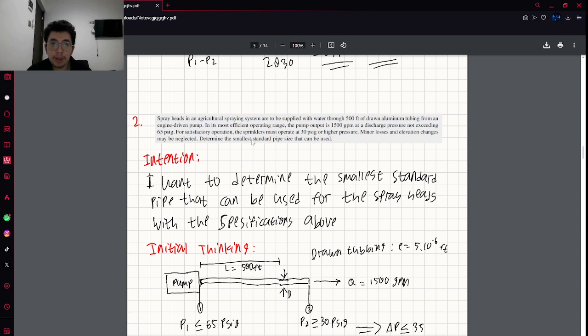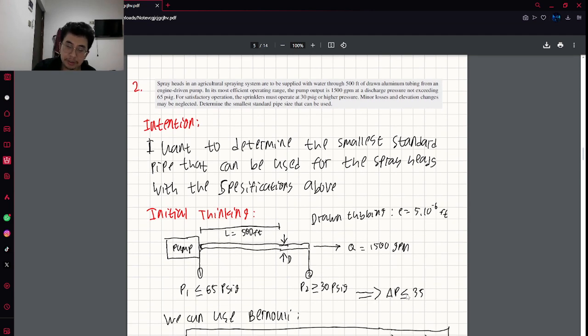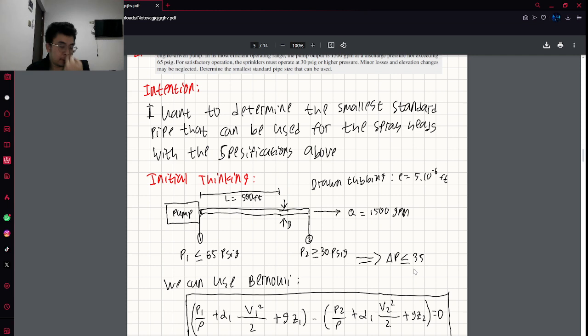But the sprinkler right here must operate at 30 psig, which we can assume should be equal to 30 or more. So the difference in pressure is going to be 35, 65 minus 30. Assuming this part and this part, the pressure will be equal to 35 or lower than 35.